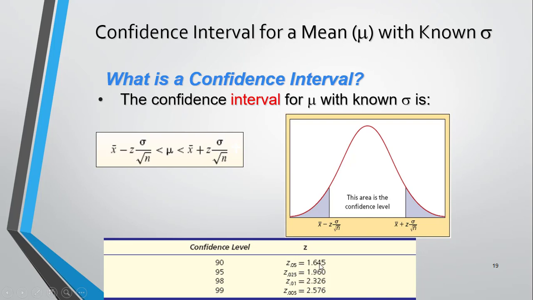You use 1.645 as z to calculate the confidence interval. If you choose a 95% confidence level, more confident, you use a larger z-score. If you choose a 99% confidence level, you choose an even larger z-score, 2.576. That means the confidence interval is wider, larger.